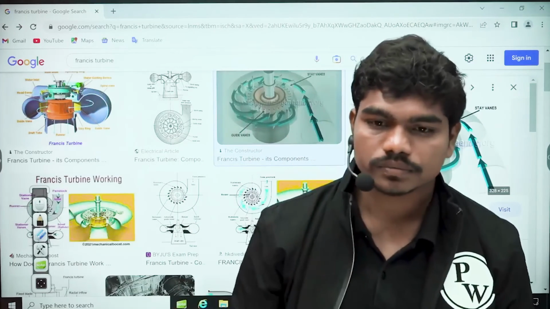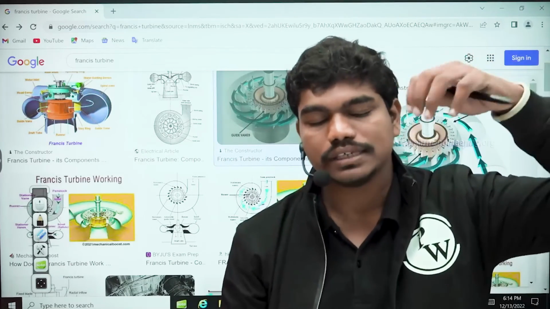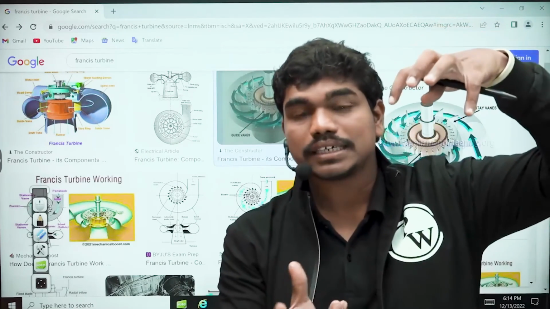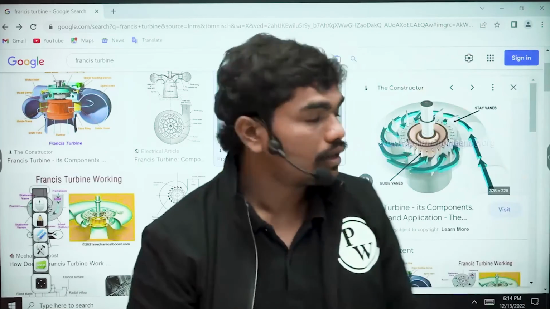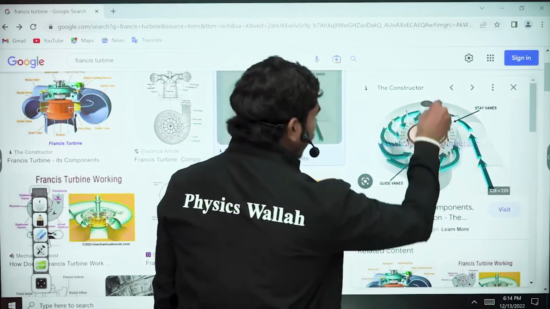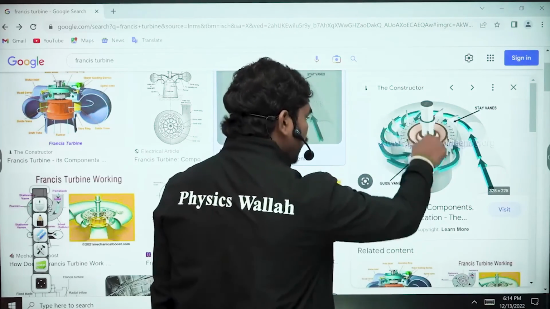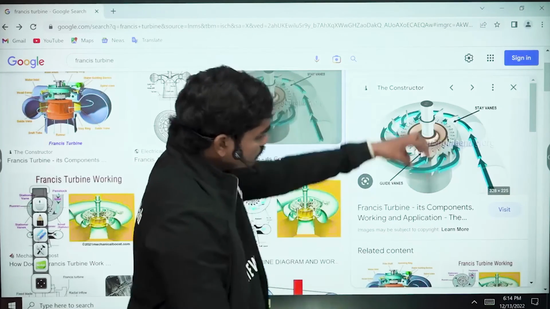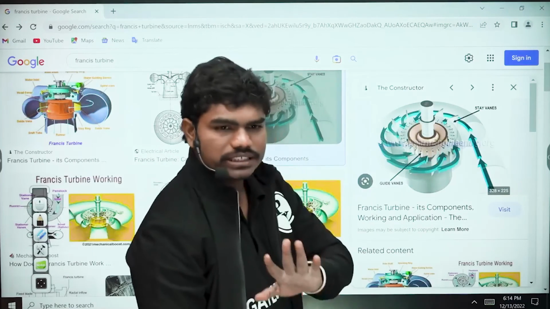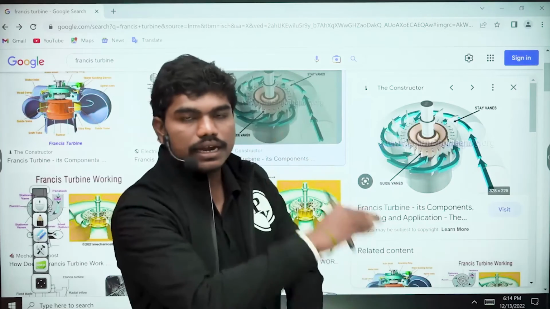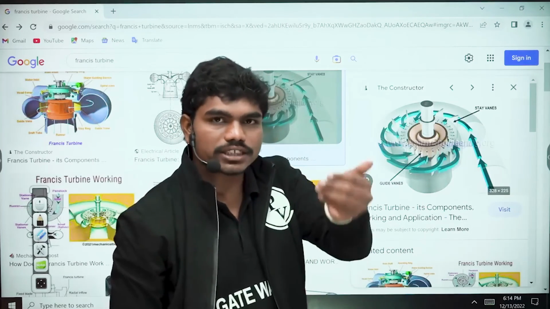Many times you see a Francis turbine and a Kaplan turbine connected to each other. Fluid is entering like this and falling into this pipe. Whenever fluid falls into this pipe, of course energy will be low because it has already impacted the blades, so kinetic energy will come down.